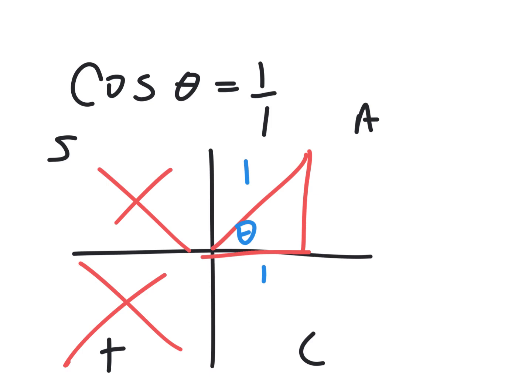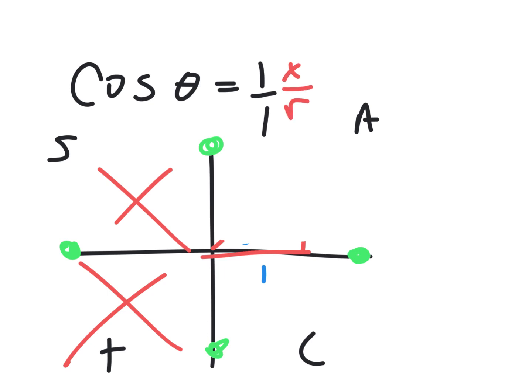The hypotenuse has to be longer. So you must be at a quadrantal. You must be either here, or here, or here, or here. And that totally changes the problem into, instead of cosine being adjacent over hypotenuse, isn't it also x over r? Remember that deal?